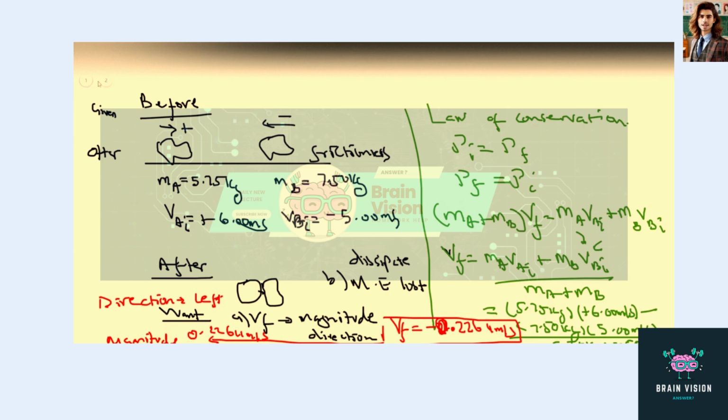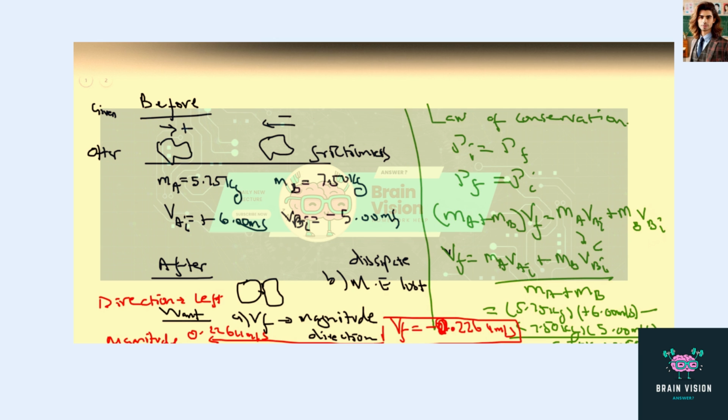So 1/2 (MA plus MB) V final squared. When you plug in the numbers for this problem, you get 1/2 times the mass of A, 5.75 kilograms, times the initial velocity of A, 6 meters per second, squared, plus 1/2 times the mass of B, 7.50 kilograms, times the velocity of B, negative 5.00 meters per second.